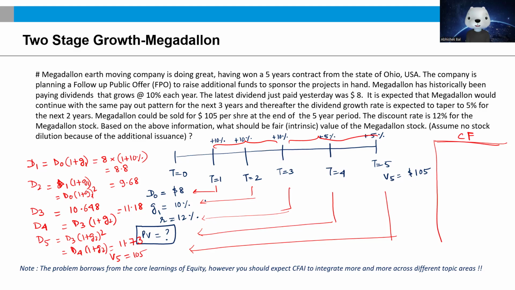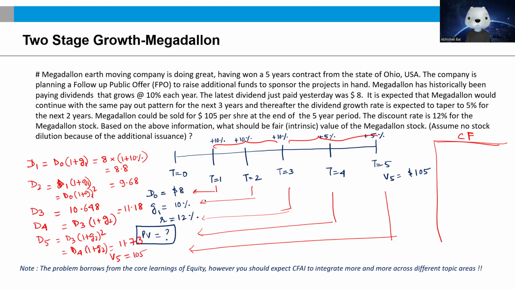Fourth one is 11.18. And the fifth one is 11.73 plus 105.